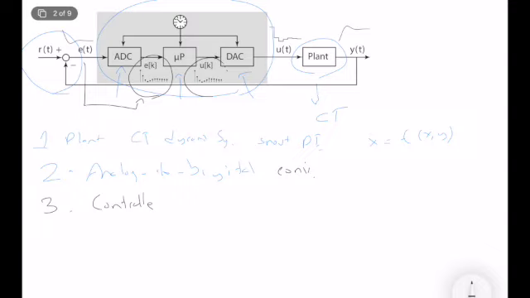In this course, we assume that the microprocessor and controller has a hard real-time operating system, and it has a hard real-time clock. I will talk about this in a minute. The fourth block is the digital to analog converter. Our microcontroller produces discrete time control actions, but our system is a physical system.